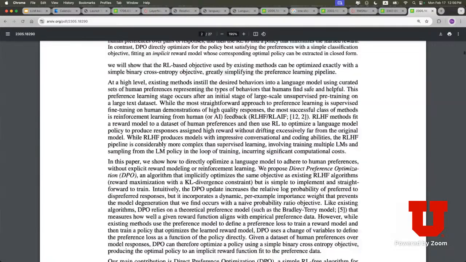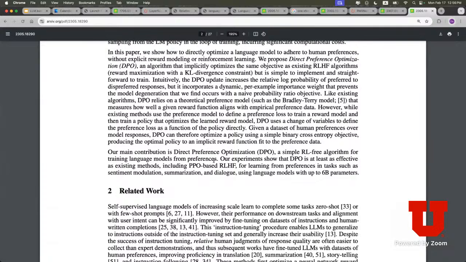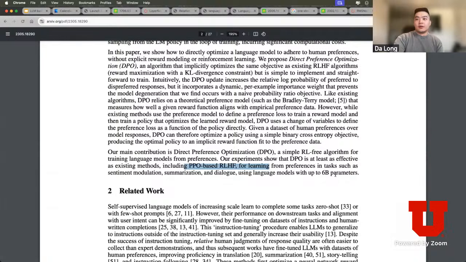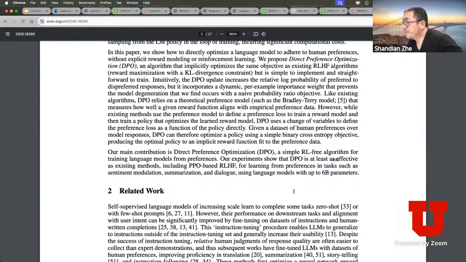With DPO, what they claim is that it makes training very stable. They say here that up to 6 billion parameters, the model is as least as effective as existing methods, including PPO. Yeah, this is a reinforcement-learning-free algorithm.